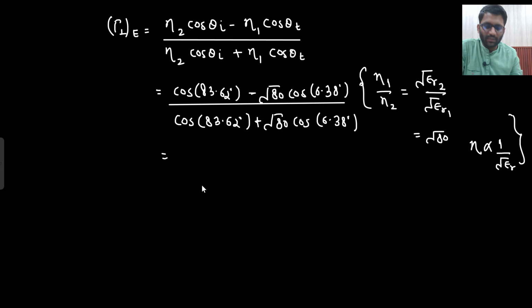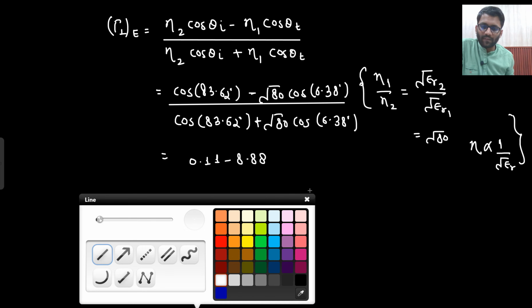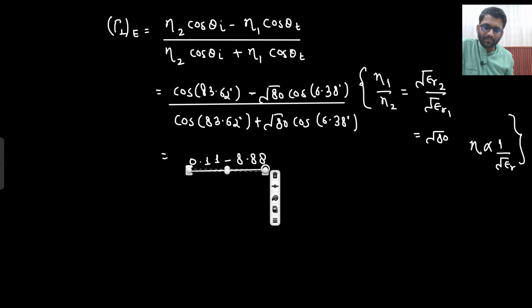So cos of this into under root 80, 8.88, minus 83.62 cos, that is 0.11, minus 8.88, and divided by 0.11 plus 8.88.